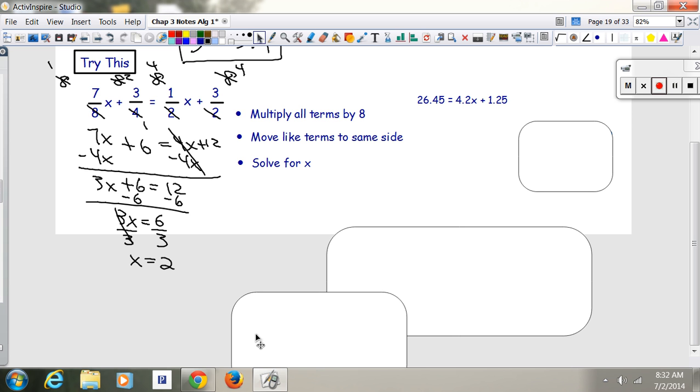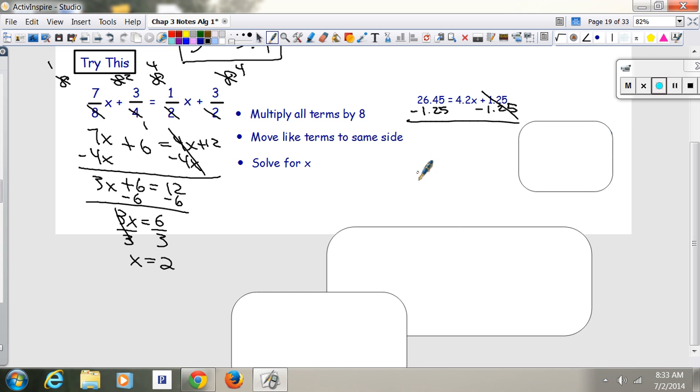Like I said, on this one, we'll just use our calculator. So we've got 4.2x plus 1.25. We need to subtract 1.25. So you get your calculator out and you would do 26.45 minus 1.25.